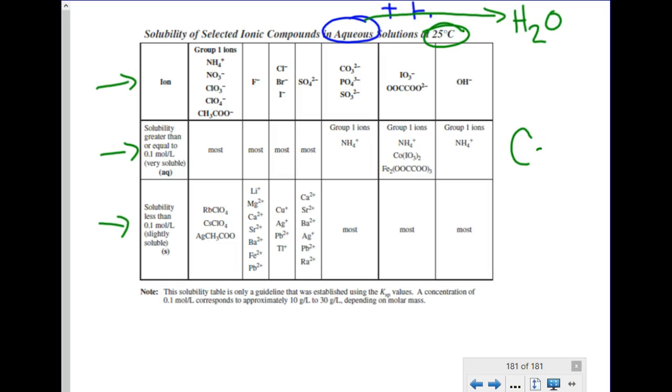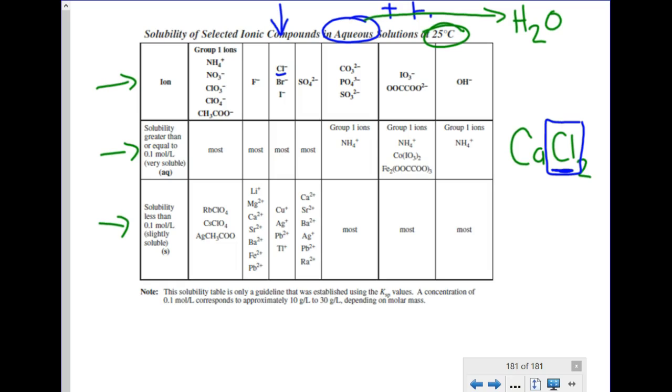So if I have something like CaCl2, this is the anion or the negative ion. So usually it's on the back side. So I start by looking up that along the top row. And it fits right here because this is where Cl negative is.